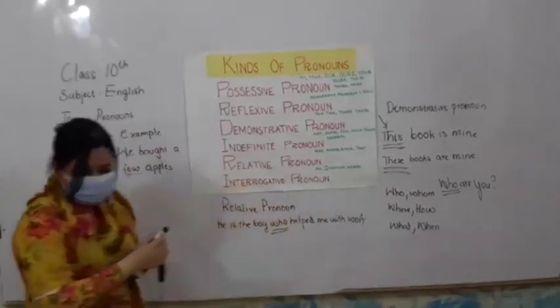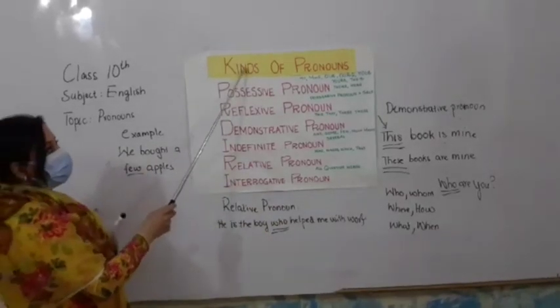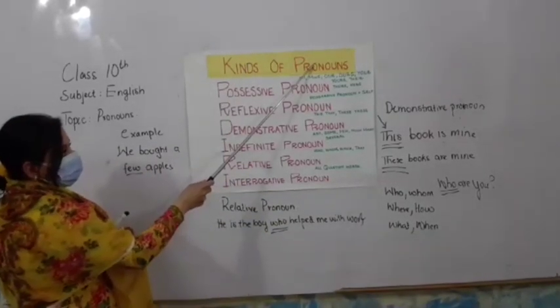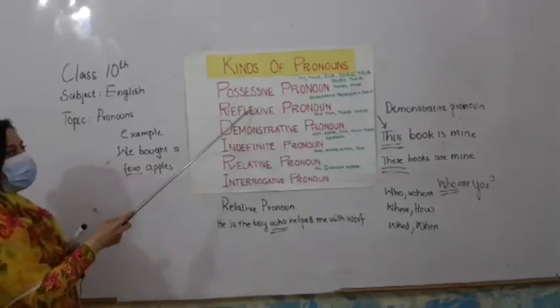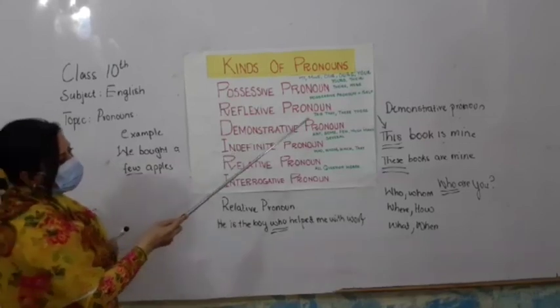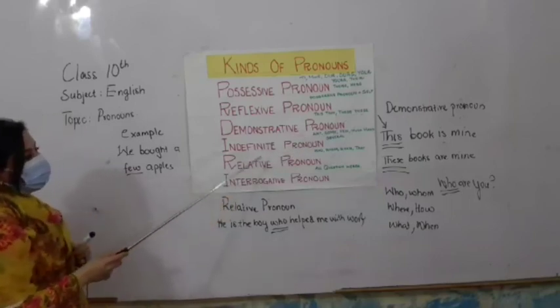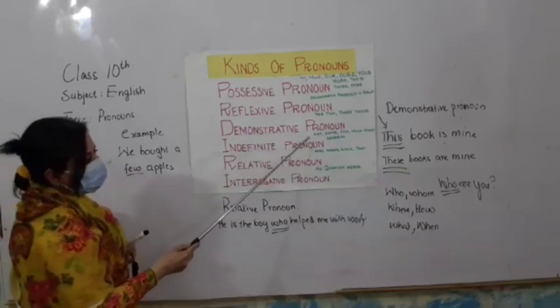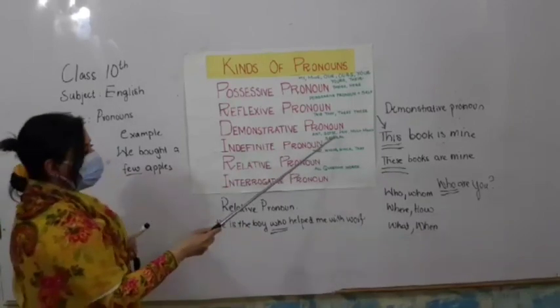So, let's have a brief recap. Today's lesson was about kinds of pronouns. The kinds are possessive or personal pronouns, reflexive pronouns, and demonstrative pronouns, which include this, that, these and those. Then we have indefinite pronouns, which are any, some, few, much, many, several.